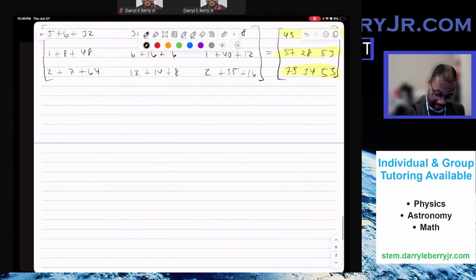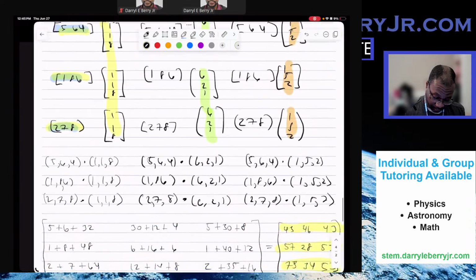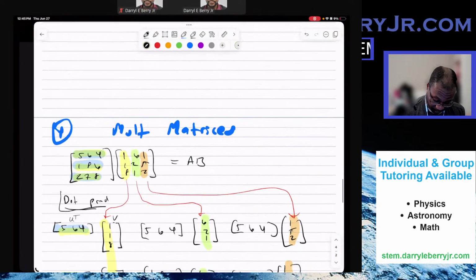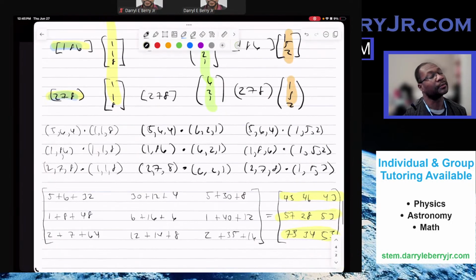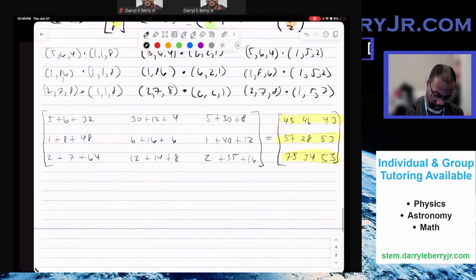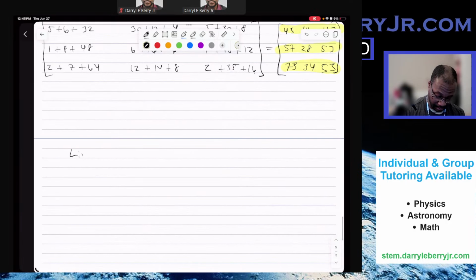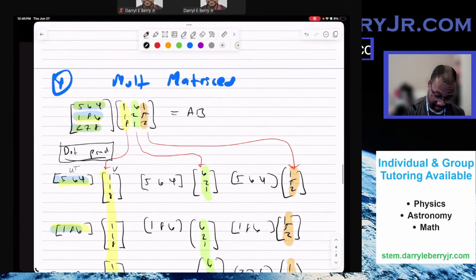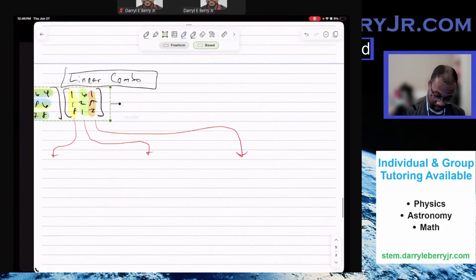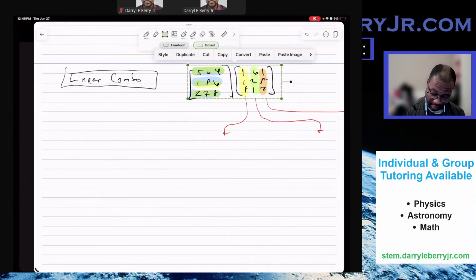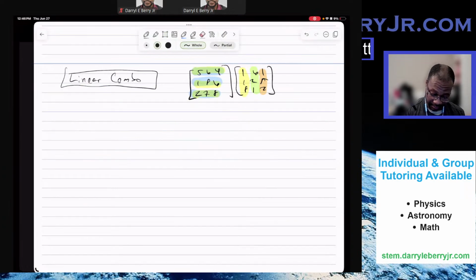So another method would be linear combination, linear combo. So I've also copied this down. The linear combo method says I'm going to make literally a linear combination of all the different vectors.